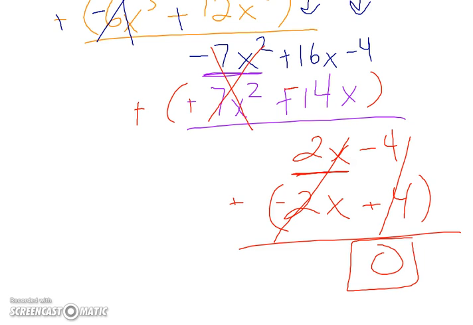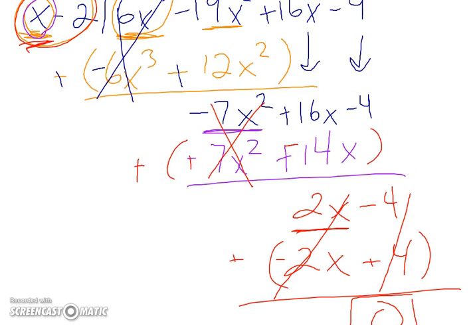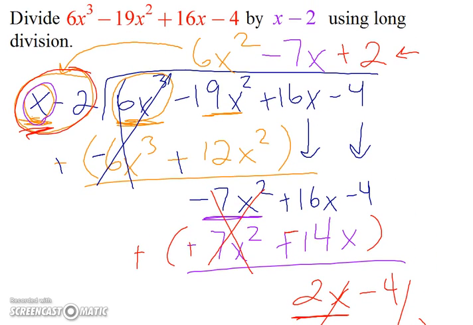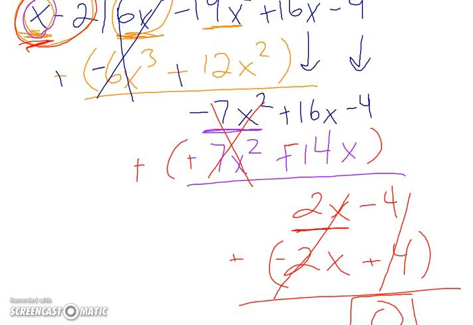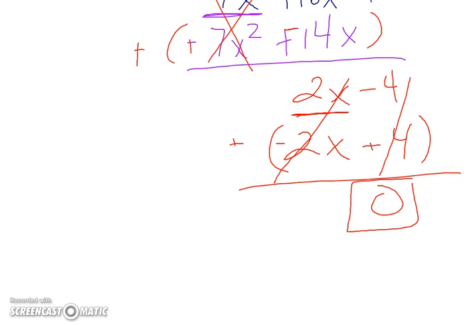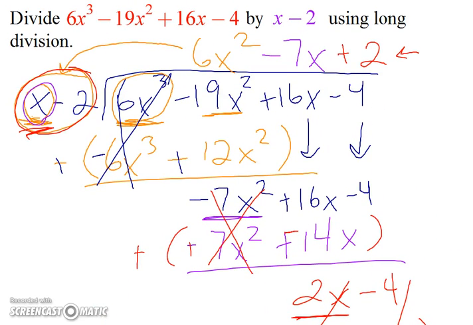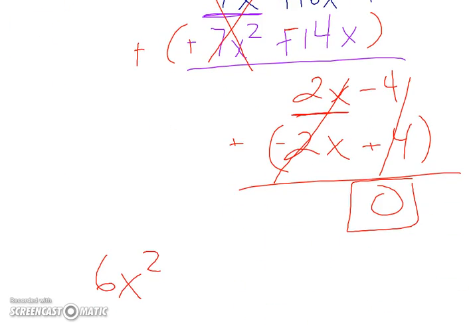My final answer: when I divide 6x cubed minus 19x squared plus 16x minus 4 by x minus 2, I get an answer of 6x squared minus 7x plus 2.